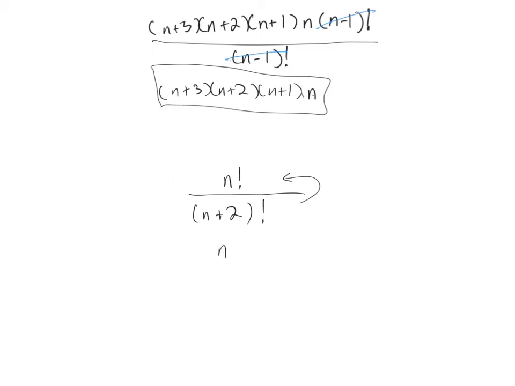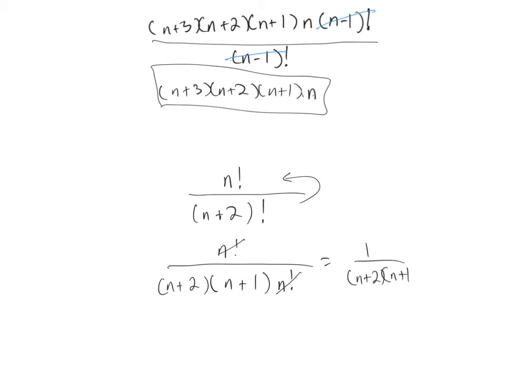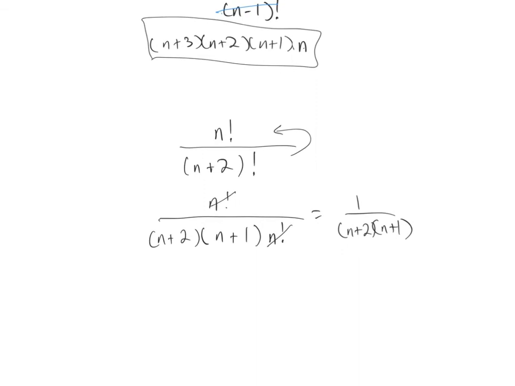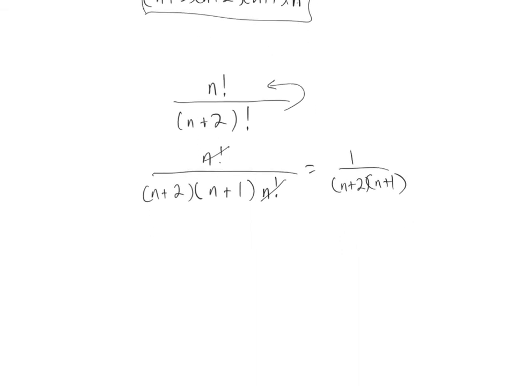So this becomes n factorial over n plus 2, n plus 1, and then n factorial. So there we can reduce this. This becomes 1 over n plus 2 times n plus 1. And you could FOIL that out, but not necessary.